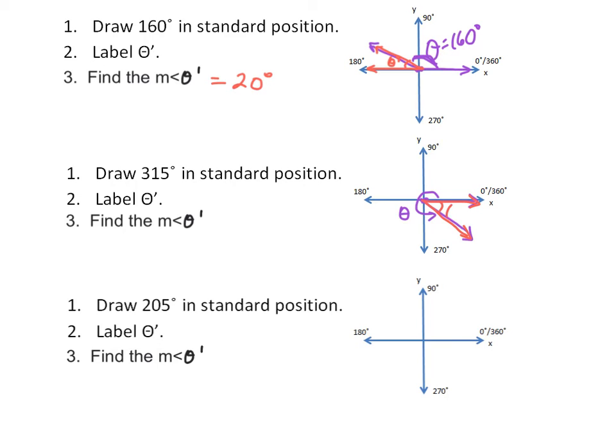So this is theta prime, our reference angle there, and if theta was 315 degrees, how many degrees, again, same idea here, would I need to continue to rotate this ray to get to 360 degrees? Well, that would be 45. So our original theta, 315, plus an additional 45 degrees is going to get us to the 360 full rotation.